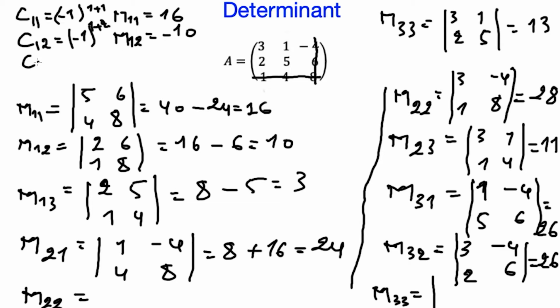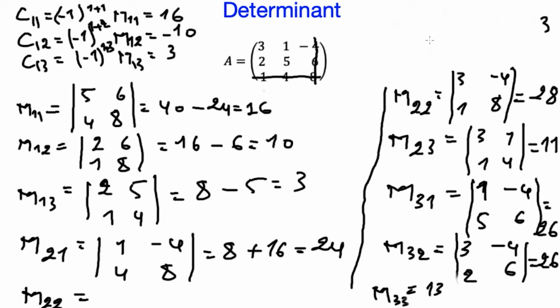And C13, which is minus 1 to the power 1 plus 3, which is 4, times M13. So minus 1 to the power 4 is 1, M13 is 3, so it is itself, 3. I will erase this part to get space for writing C21.